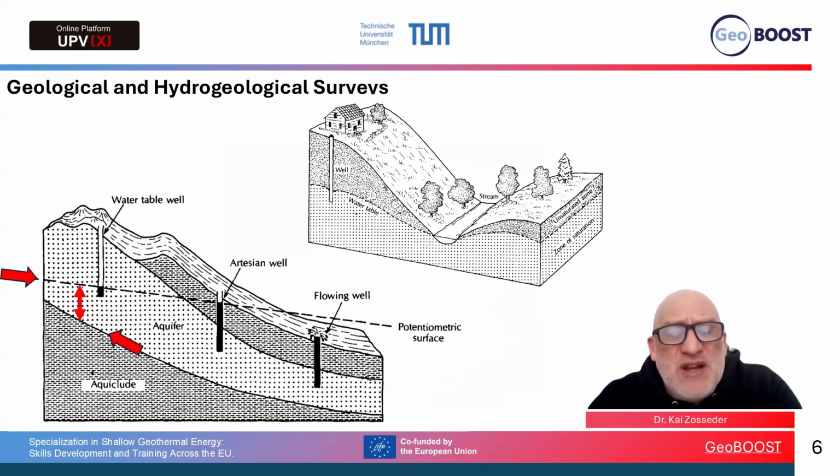And how do we assess the groundwater thickness, or the saturated groundwater thickness? You see here 2 red arrows. The top arrow defines the water table, so we have to measure the water table at our location. And the bottom red arrow defines the basis of our aquifer.